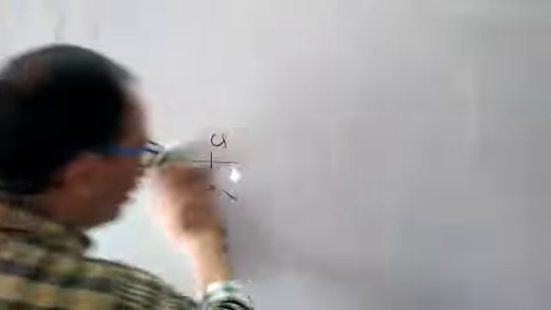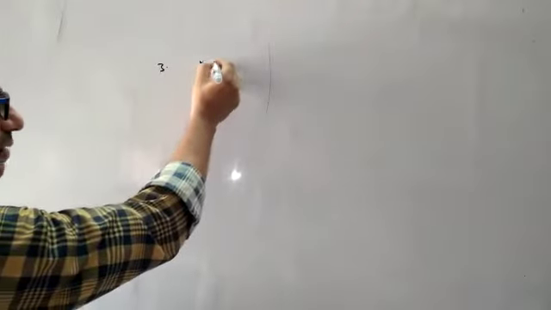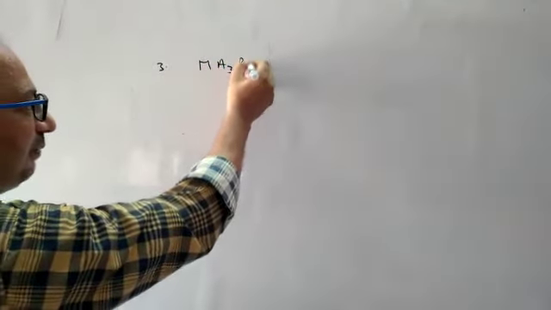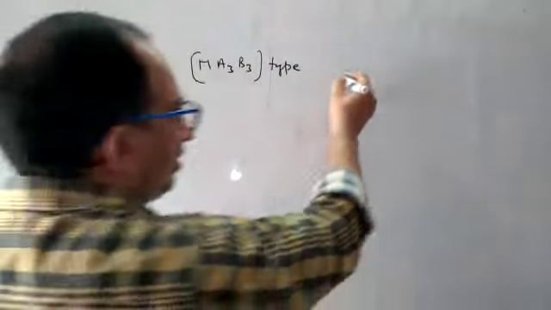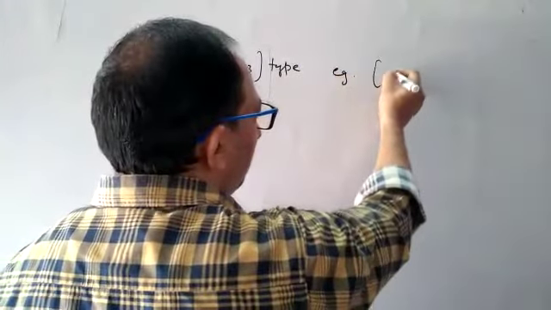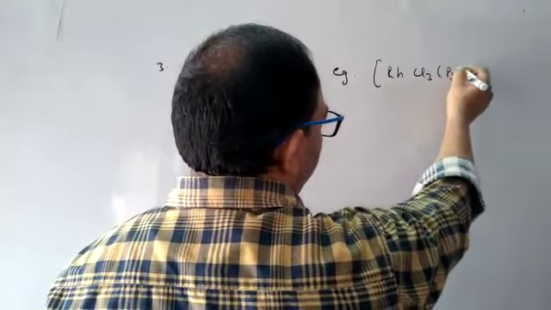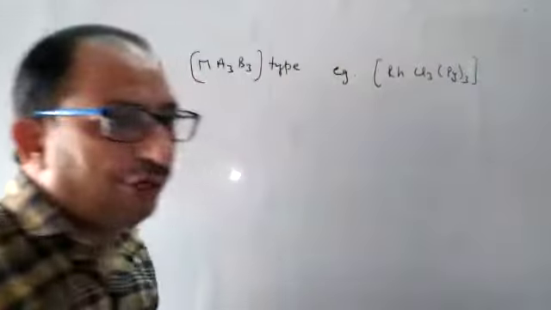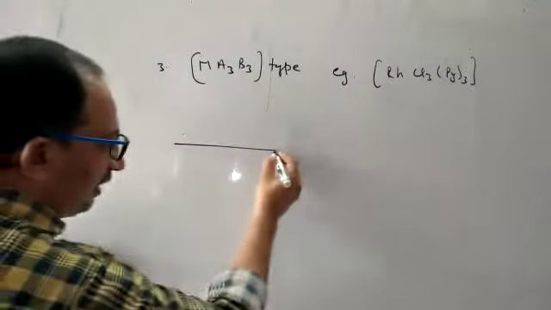Now we will move to the third, a special type of isomerism called fac and mer isomerism. The third is MA3B3 type, meaning two ligands with equal numbers. For example, RhCl3Py3. Again, the coordination number is 3 and 3, that is 6. So we will draw like this.